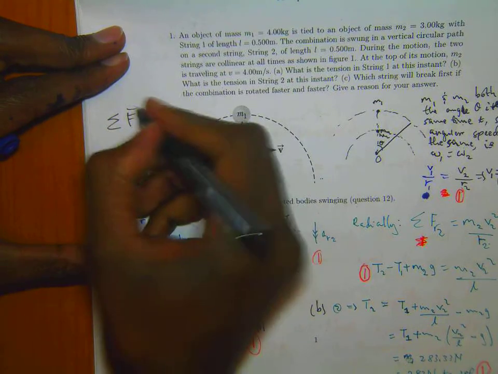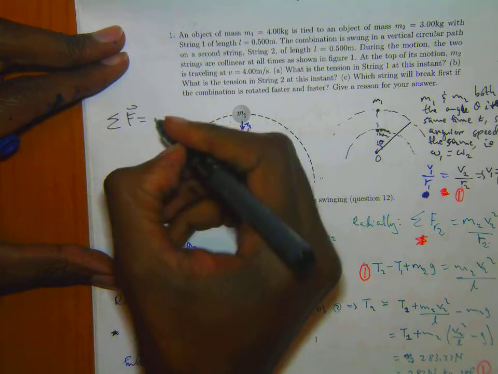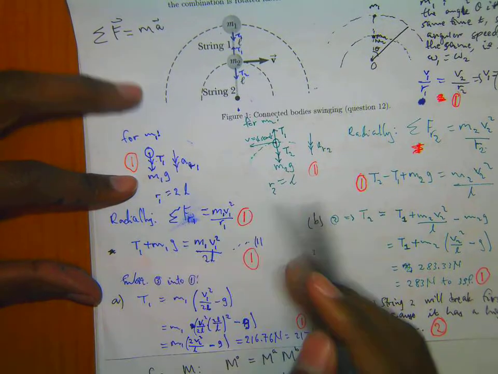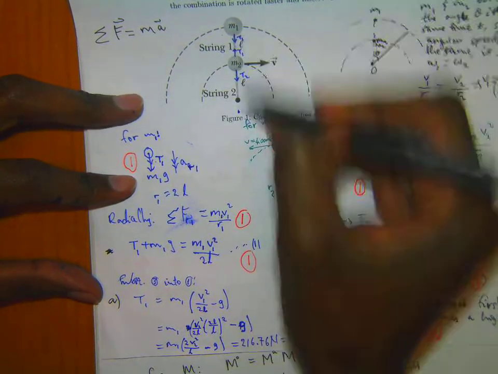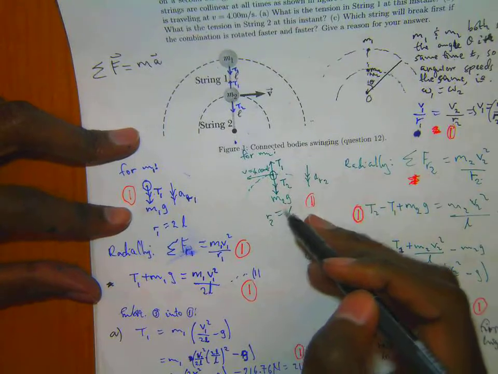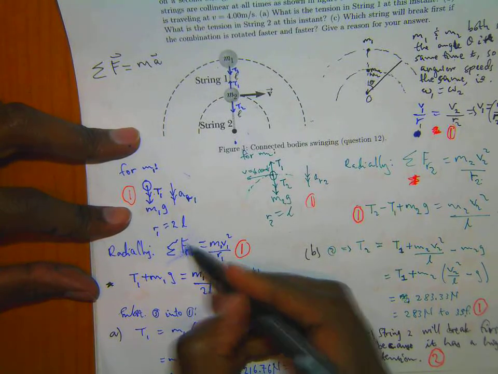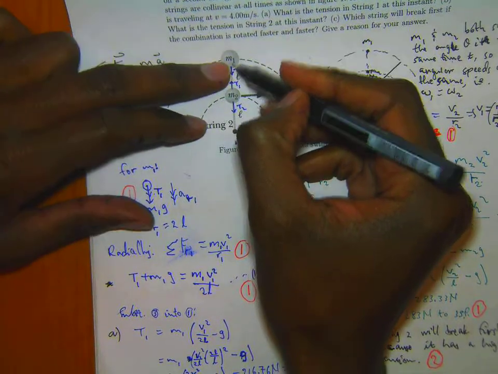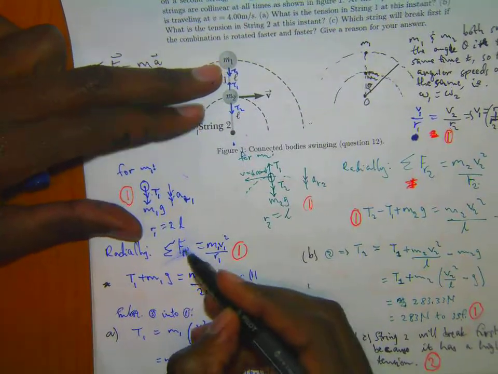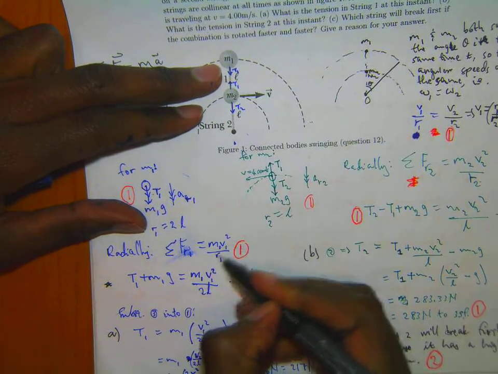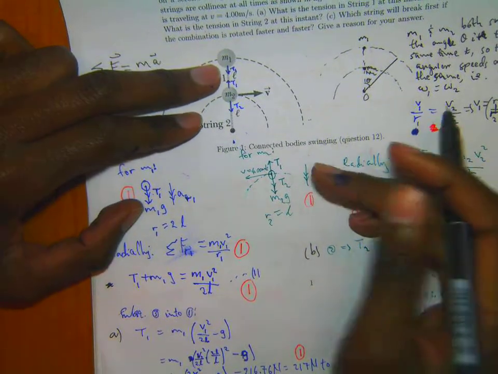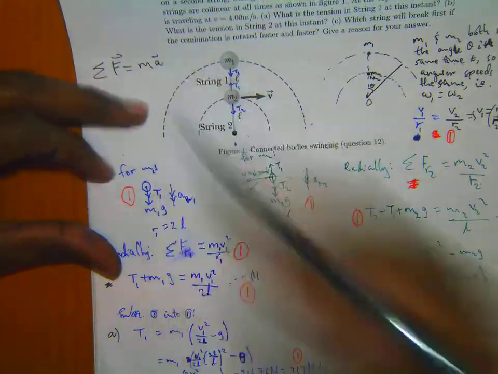The sum of the forces should be equal to the mass times the acceleration. For M1, we're looking at the radial direction: the sum of the radial forces should be equal to mv squared on r. V squared on r is the centripetal acceleration.